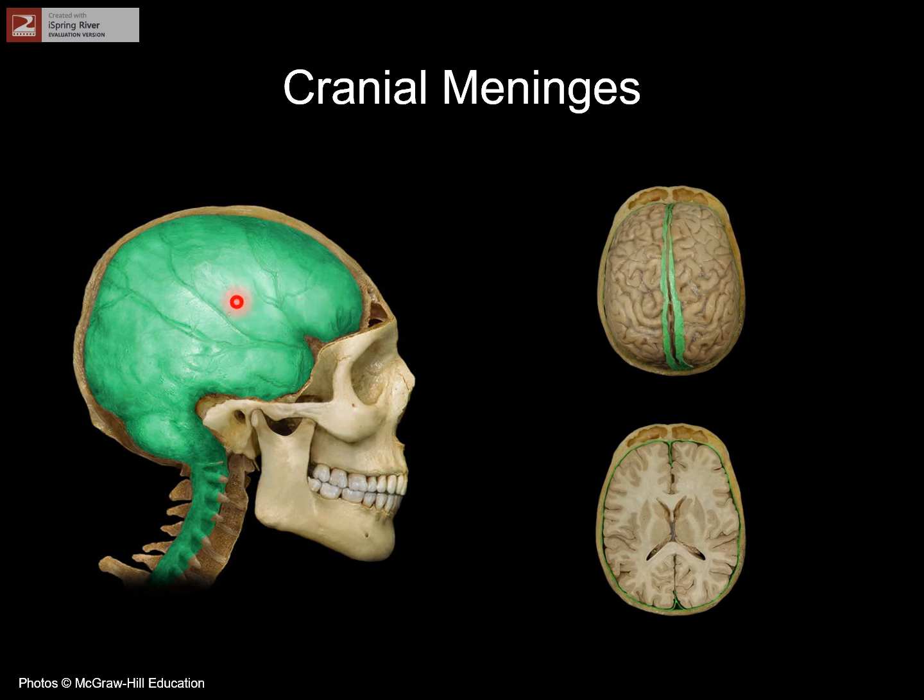What you're looking at right now is the dura mater. If you peel the dura mater, you can actually see the gyri and the sulci in the brain, and you can see that the meninges surround the skull all the way around, all the way down the spinal cord.